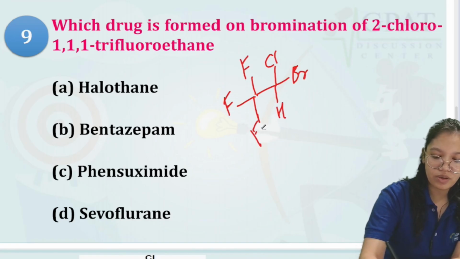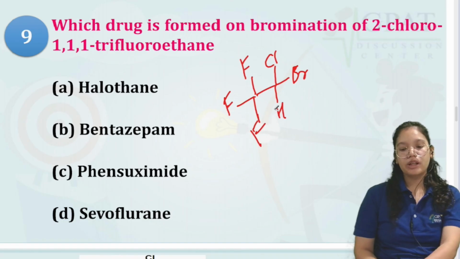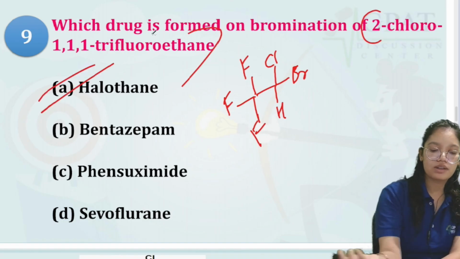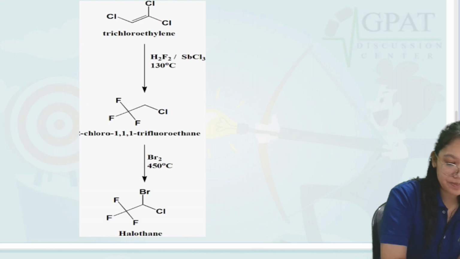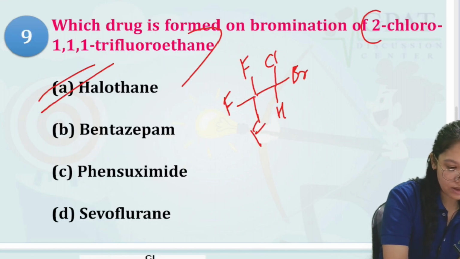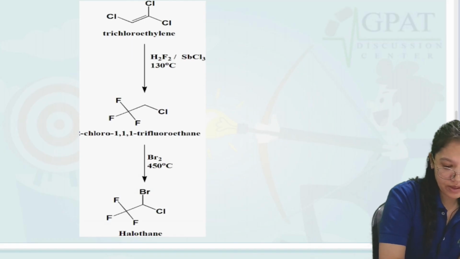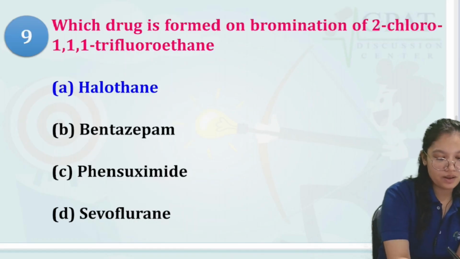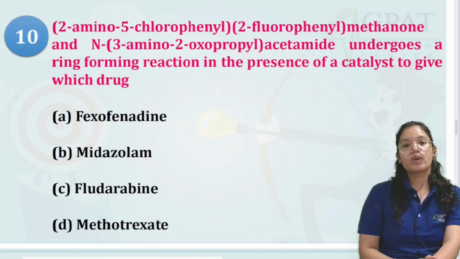Fluorine, fluorine, fluorine. So this will be formed on bromination of 2-chloro-1,1,1-trifluoroethane. So halothane is the answer again. So this is the synthesis reaction. Then halothane.